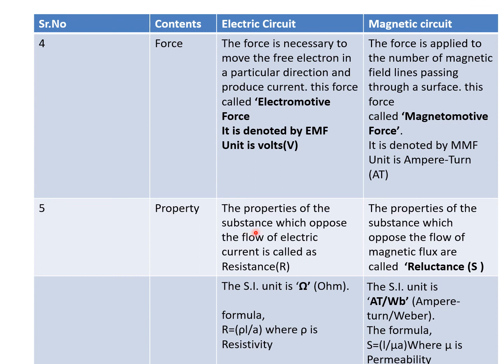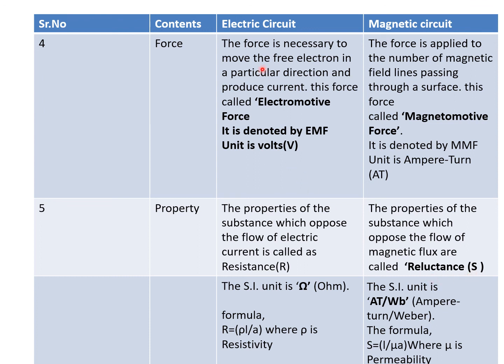Next is the properties of the substance which opposes the flow of electric current is called as a resistance. And in magnetic circuit, the properties of the substance which opposes the flow of magnetic flux are called as reluctance, and it is denoted by S.